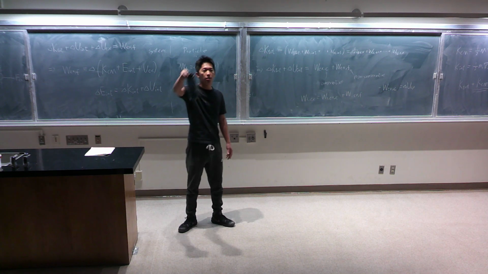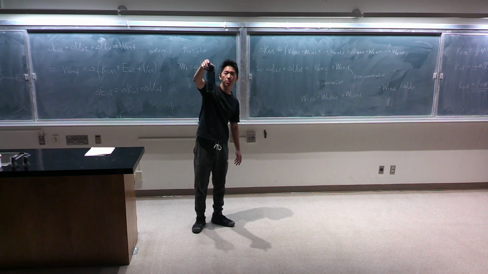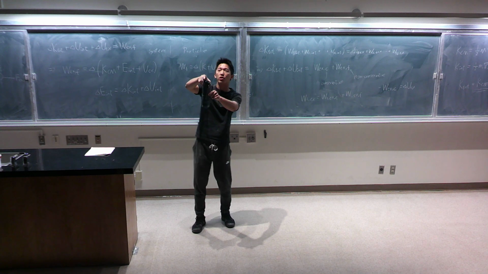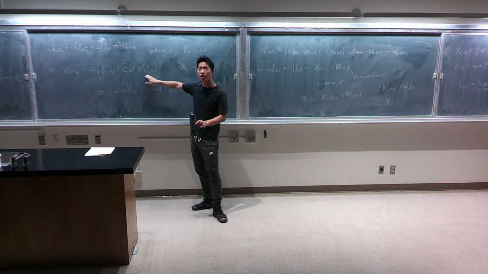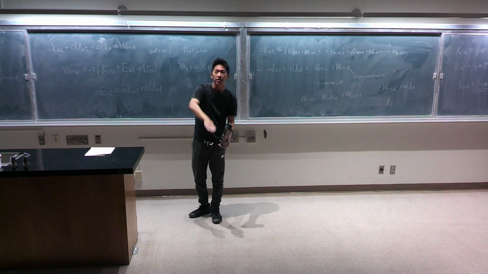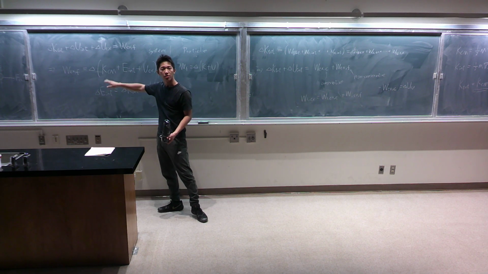If I have this bottle and I raise this bottle up, the center of mass is higher. That corresponds to the external potential energy. When you drop down, the center of mass is moving. That corresponds to the center of mass kinetic energy.